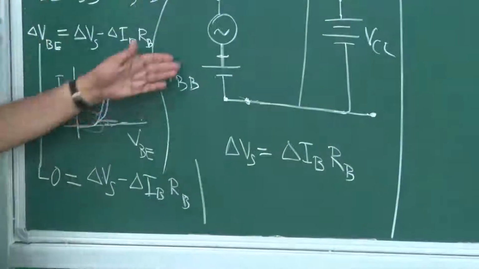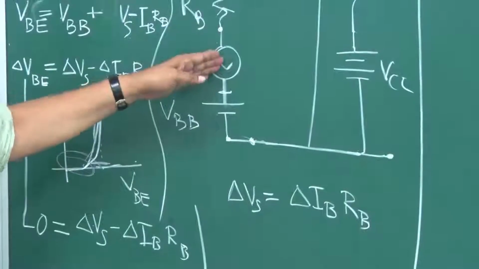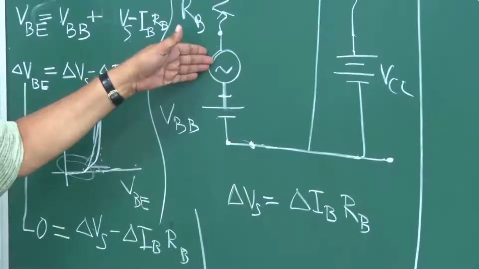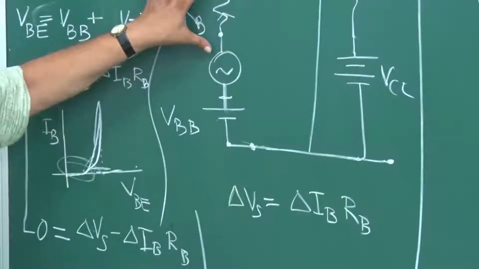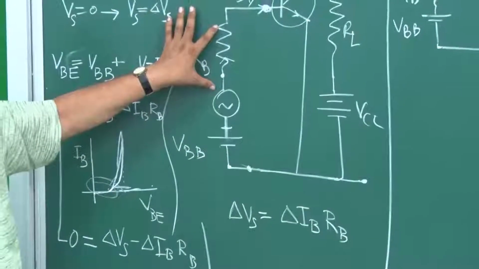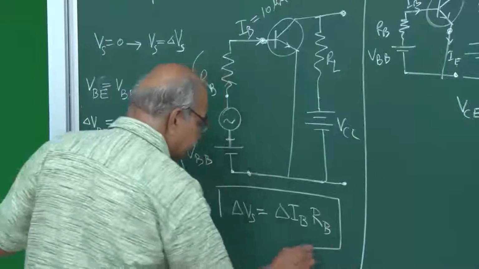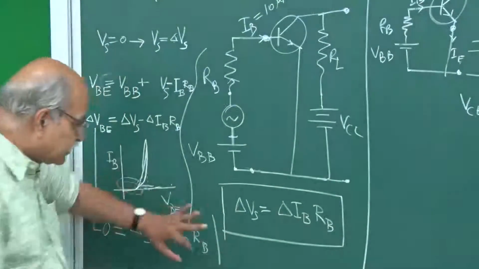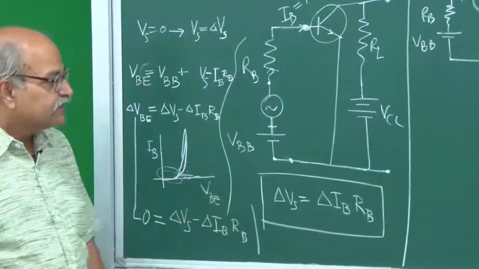Whatever voltage change in the biasing is brought about by this signal is compensated by the increased or decreased voltage drop here. So you have this equation. The variation in signal in time delta t can be written like this.